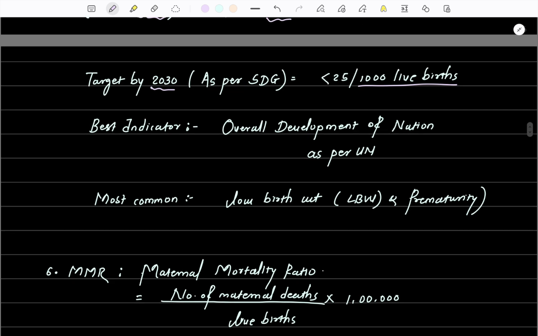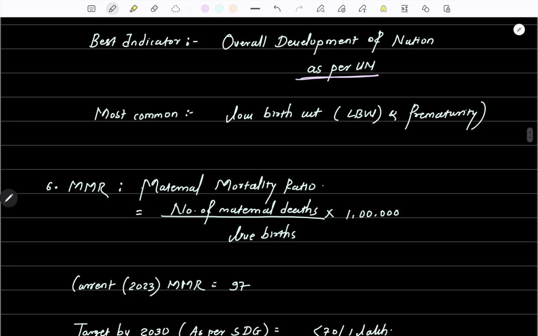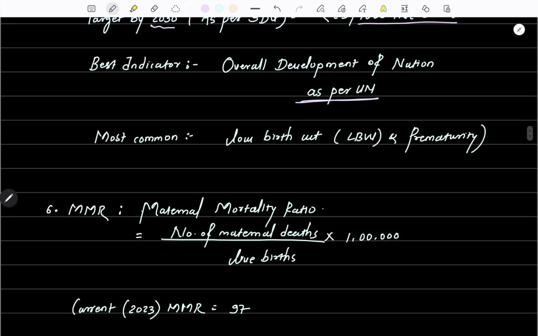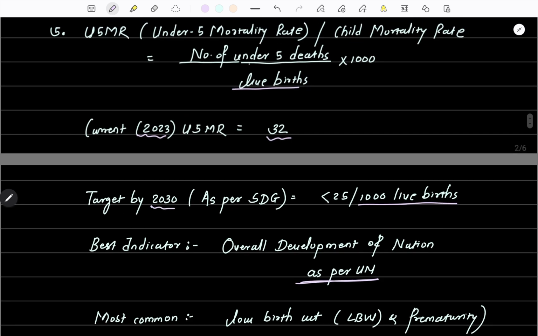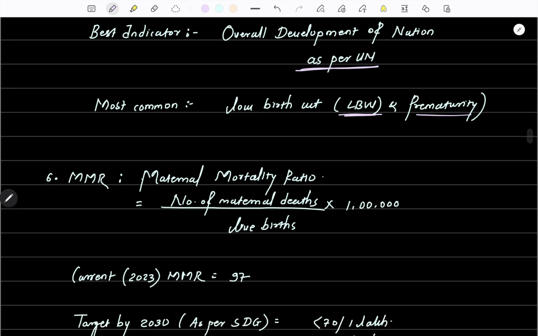Under 5 mortality rate is the best indicator for overall development of a nation as per the UN. Okay, the most common cause of under 5 mortality rate is low birth weight and prematurity.